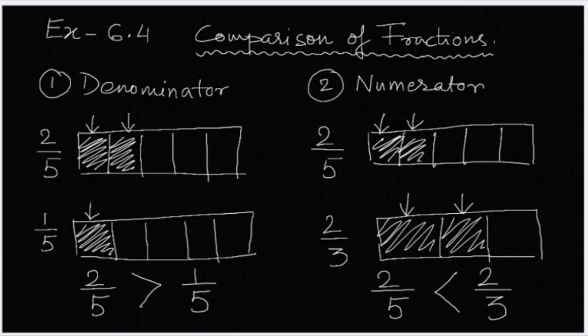Okay, so let me compare again. Suppose we have taken 2 by 5 and 1 by 5. So since the denominators are same, we will compare the numerator. So higher the numerator, greater is the fraction.